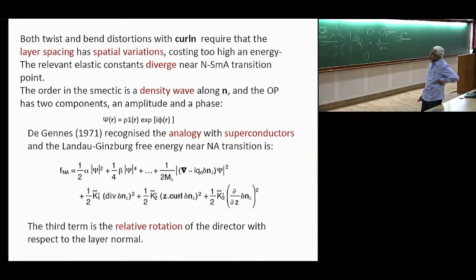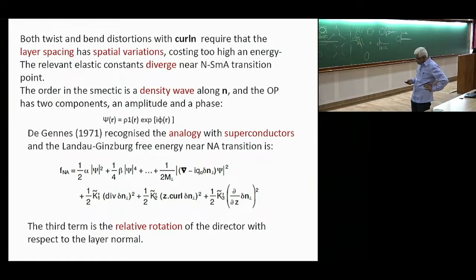Of course, both twist and bend distortions, which involve curl n, will change the layer spacing. Layer spacing changes will require the B elastic constant, that is the compression elastic constant, which is far higher than the curvature elastic constant. So these are essentially disallowed in the sample.